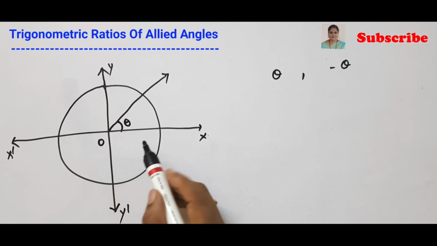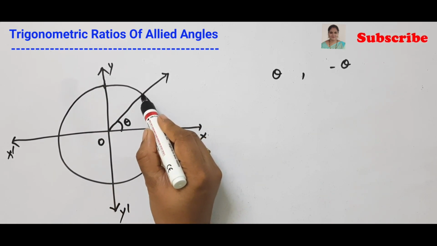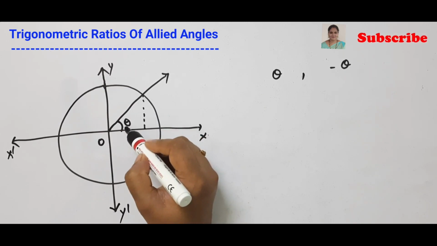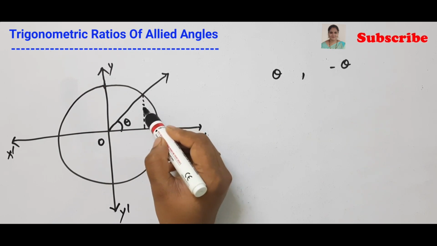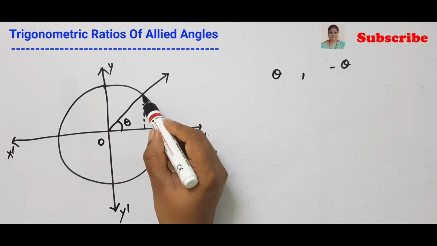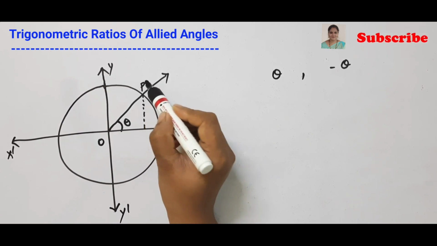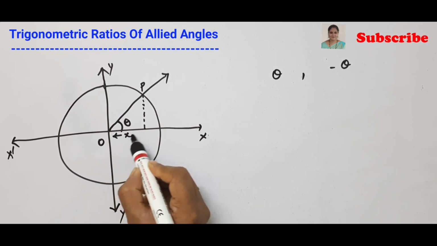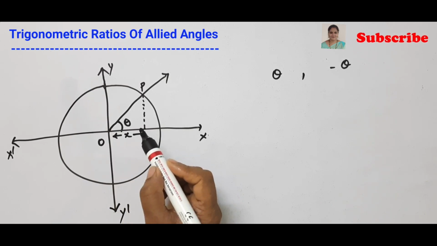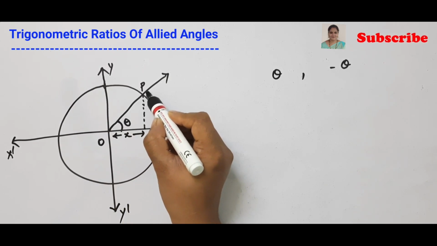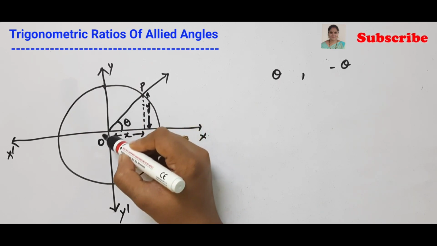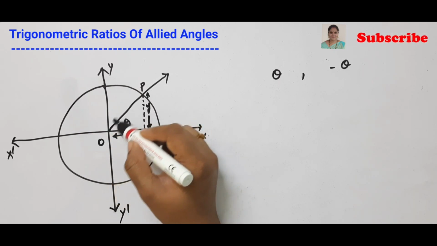If this is the angle theta, now let us draw a perpendicular from here to here, to study the trigonometric ratios. Let this point be P. The distance from here to here will be x, and here to here will be y. We have drawn a unit circle of radius 1, is it not?